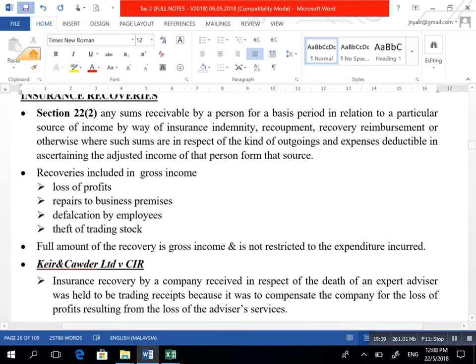The staff misuse your money, steal your money. And also from any thief, or maybe of the trading stock. So the recovery on all of these will be taxable. Then of course the insurance you buy to cover all these things will also be deductible.